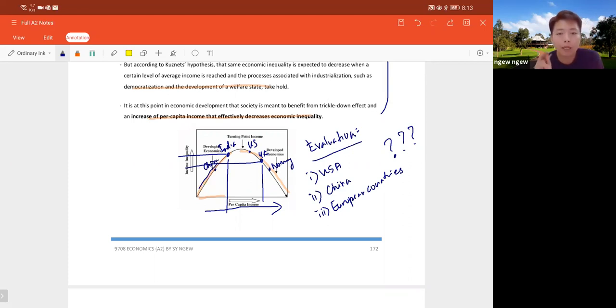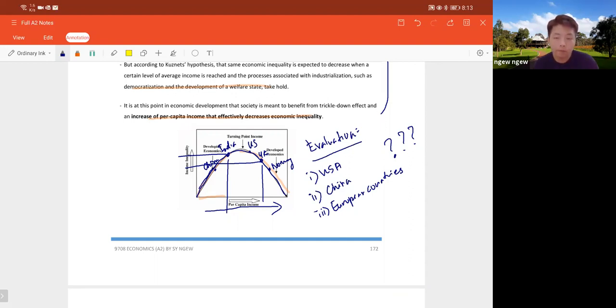By using this kind of historical data, the Kuznets curve is eventually formed by connecting all the plotted points. Therefore, this Kuznets curve is not very convincing because it doesn't really observe a country's progress in a time series manner. So when we are talking about the reliability of the Kuznets curve, it can be criticized.